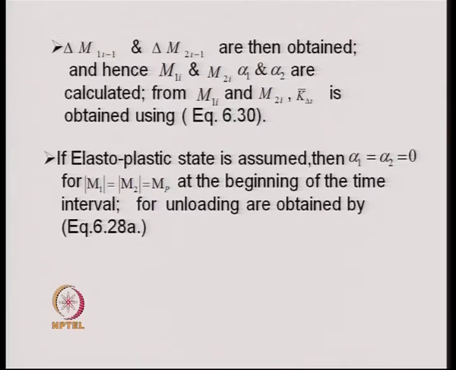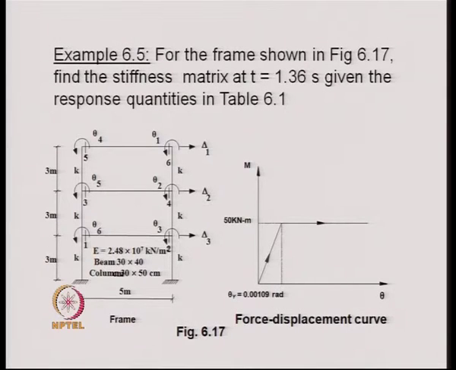So, with that background, the entire scheme was illustrated with the help of a very simple example, example 6.5, where we had 6 rotational degrees of freedom and 3 translation degrees of freedom. These rotational degrees of freedom are condensed out.